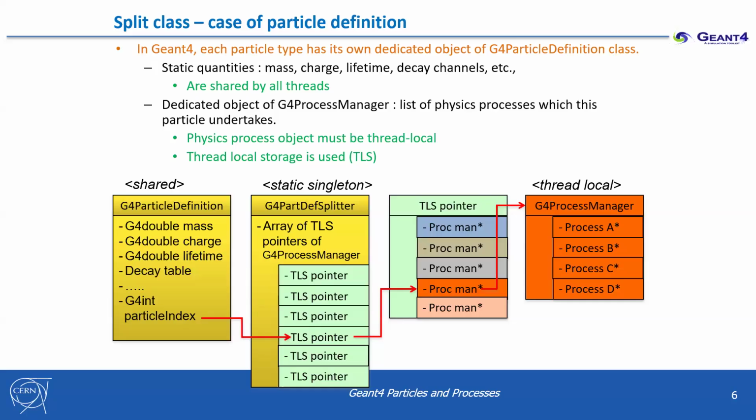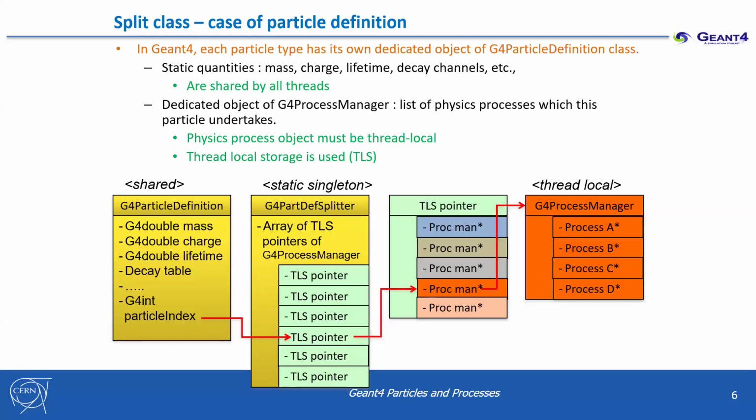Why are processes only defined per thread? Because when we transport a particle, a process may have a cache, and its state may be changed on the next step, and it is not stable. A process may be shared between different particles. So we need to keep in each thread its own copy of the process.